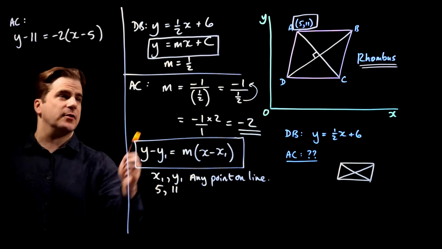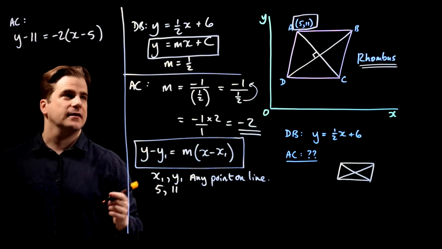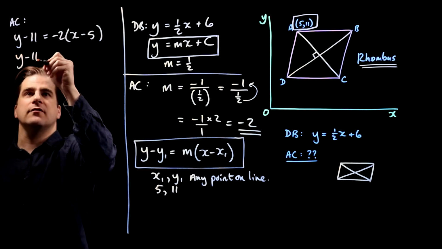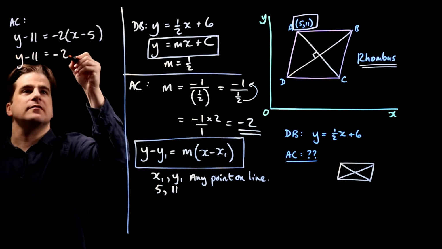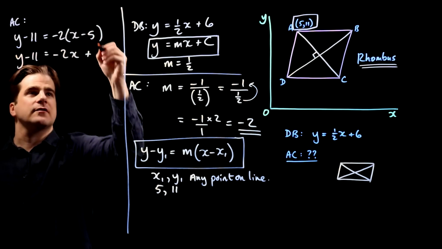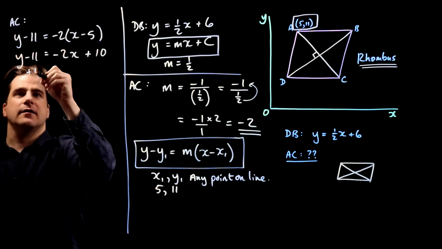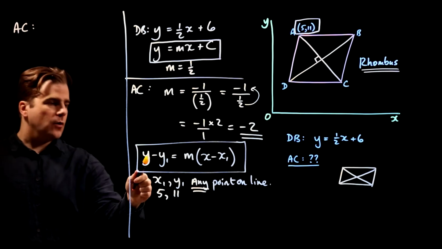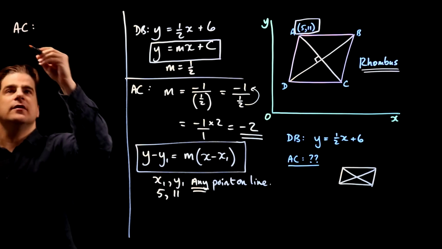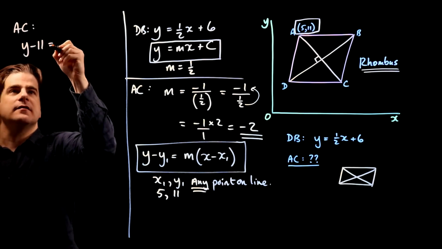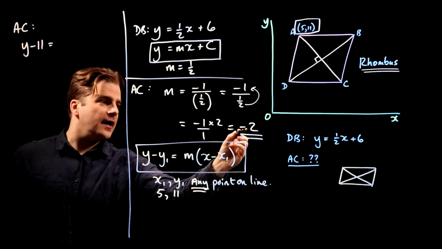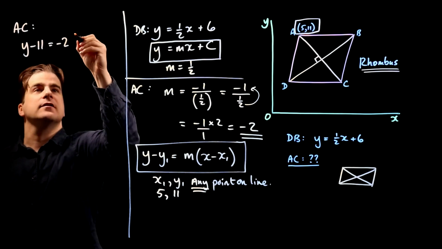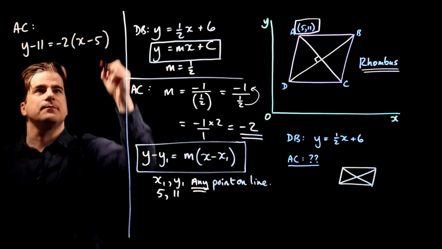We just need to rearrange it to put it in a nicer form, because you wouldn't leave it like that. So y minus 11 is equal to minus 2 times x minus 5.